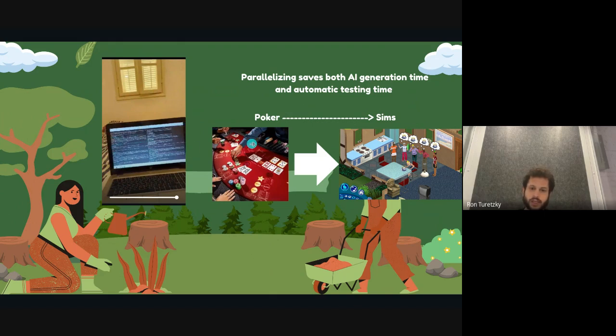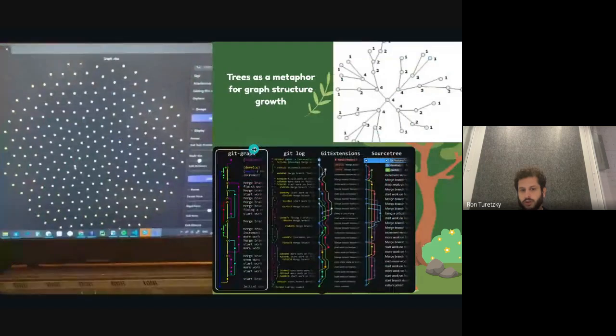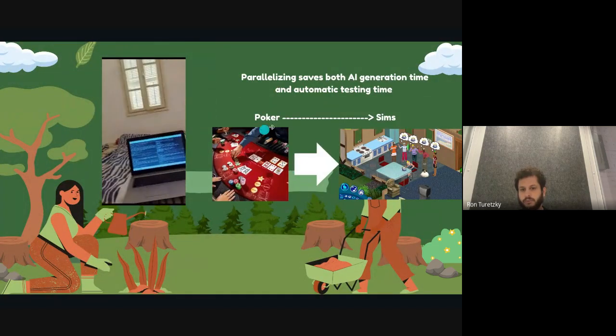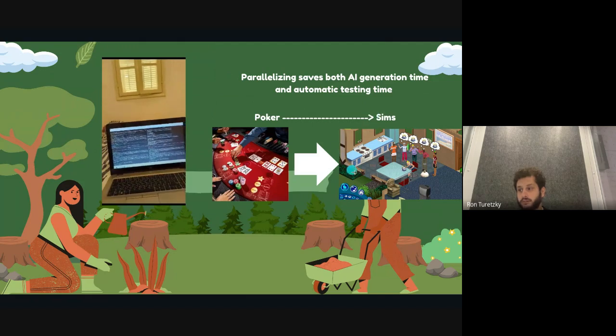I realized that having multiple agents takes you from playing a turn-based game like poker to a real-time strategy game, or just imagine The Sims, where you have all these different Sims doing things, and you can go to each one and tell it what to do, and then it will go off and do this thing, and you're blipping between them while they're autonomously doing things.